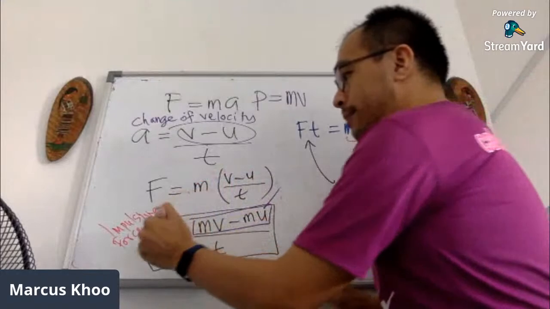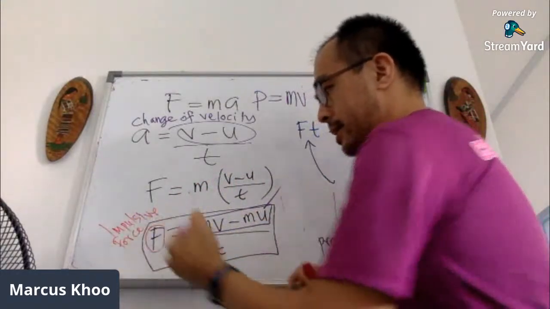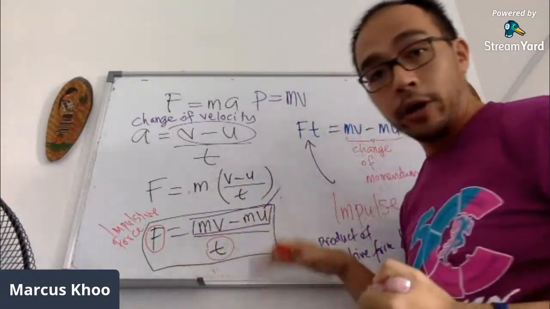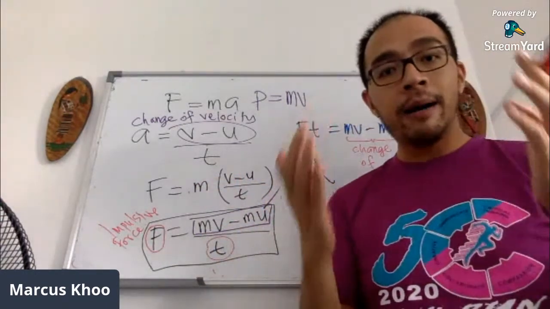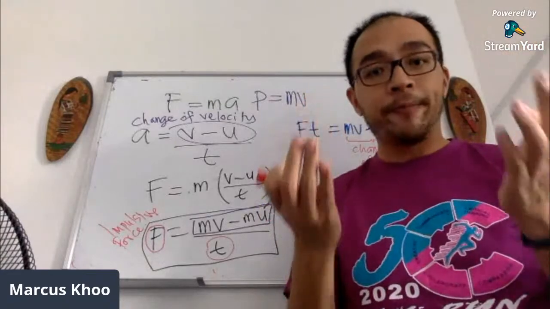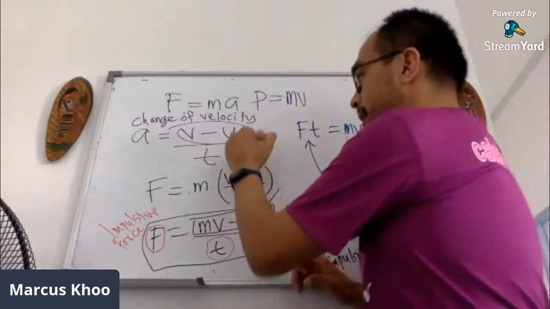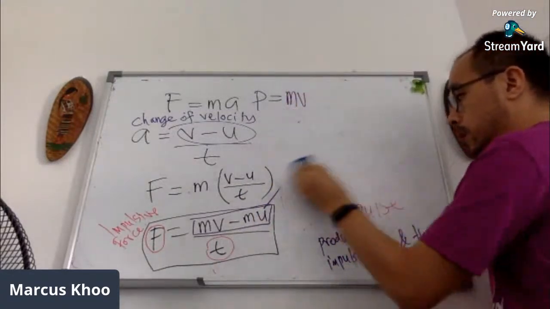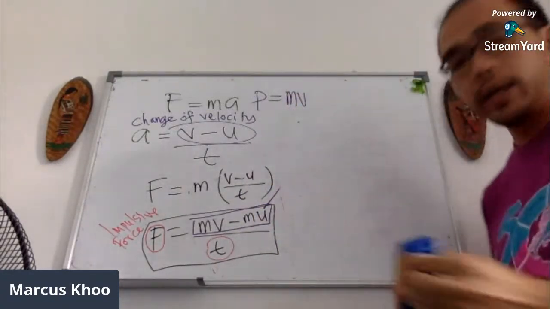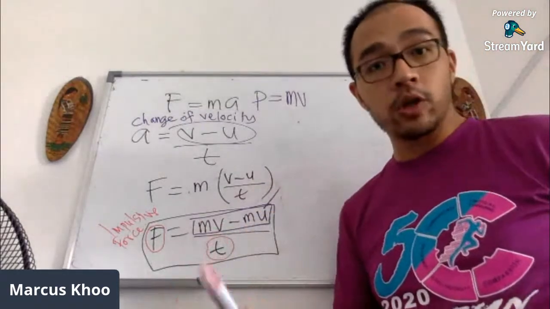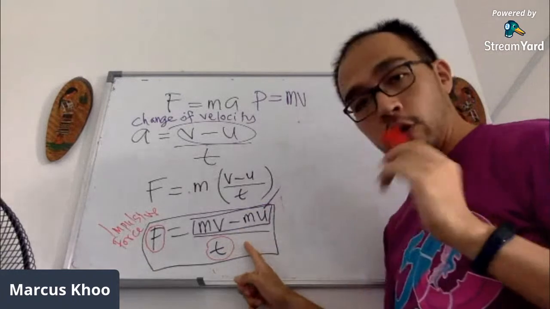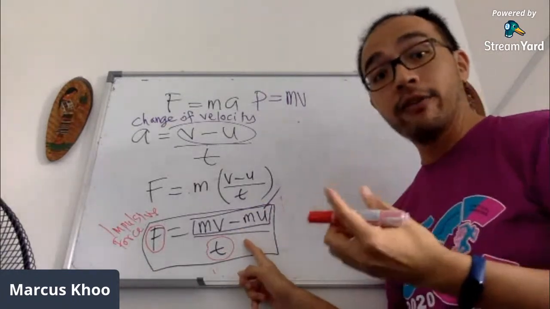So we find that because the impulsive force is apa yang kita panggil on top, and the time is at the bottom, they are seperti satu dacing. When your time increases, let's assume that the change of momentum is constant. The only difference that you can make is if you change the amount of time that is involved.